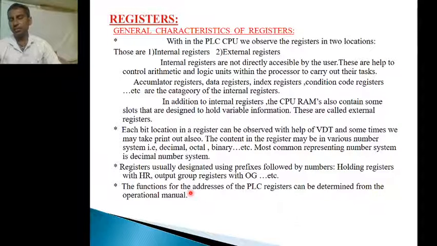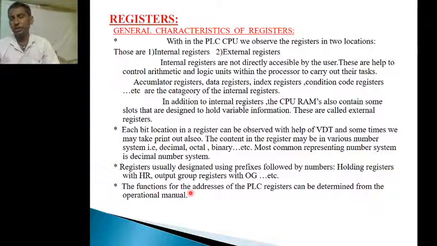Internal registers store the data about arithmetic and logical operations, and include accumulator registers, data registers, index registers and conditional code registers. To hold the variable information we go to the other slots, which are the external registers. Each bit location in a register can be observed with the help of a VDT.